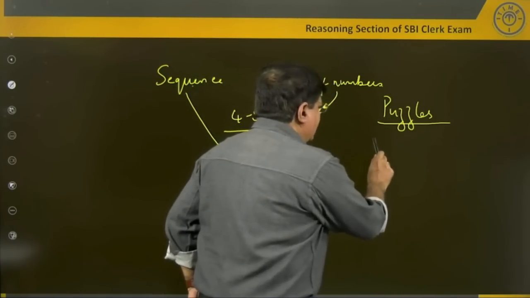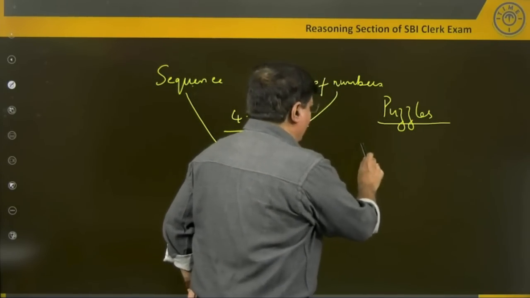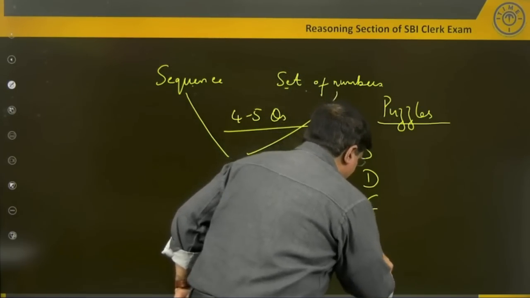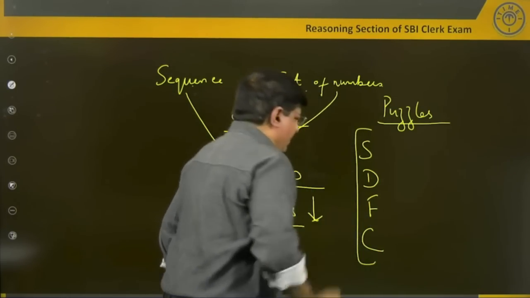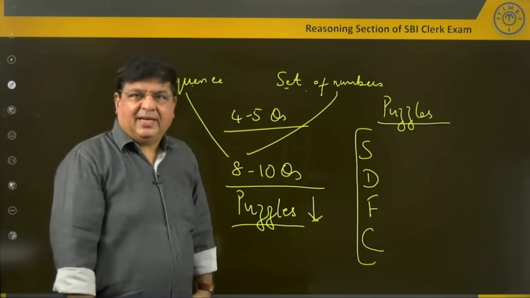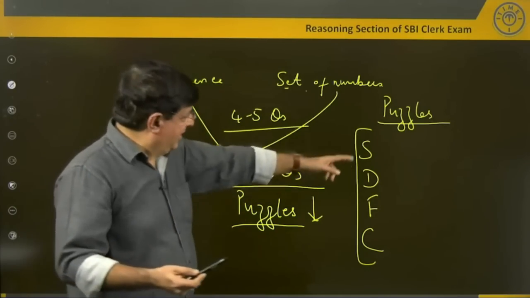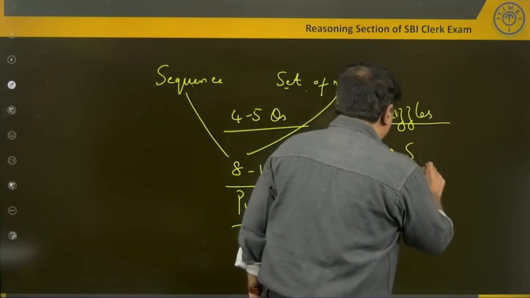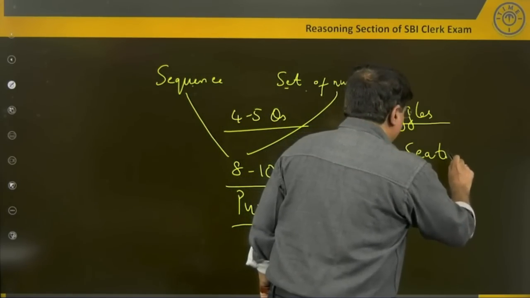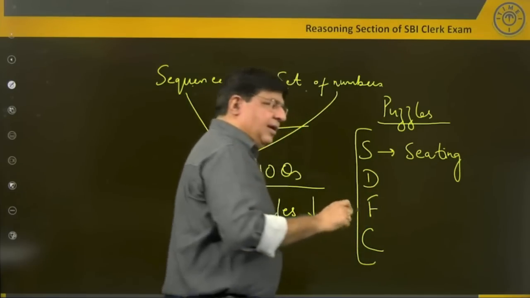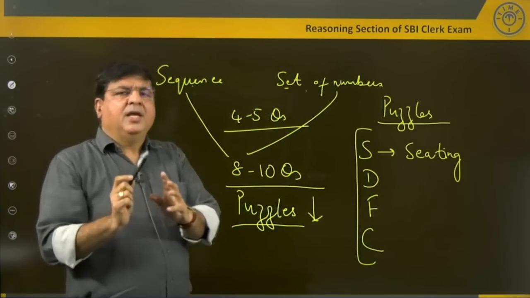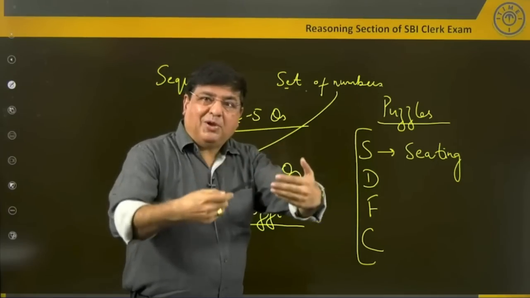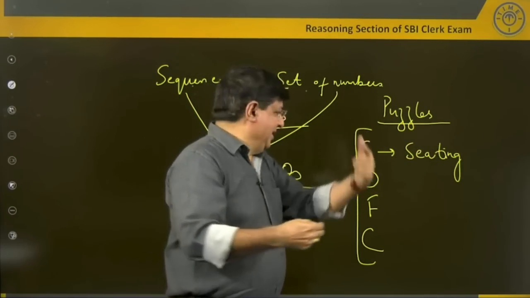The kind of questions that you get, the models that you get in puzzles are S, D, F, C. You know what HDFC is, right? HDFC is a bank. SDFC. S is seating arrangement. Linear, circular seating arrangement with lesser number of variables. The same set with more number of variables can be asked in the main exam.